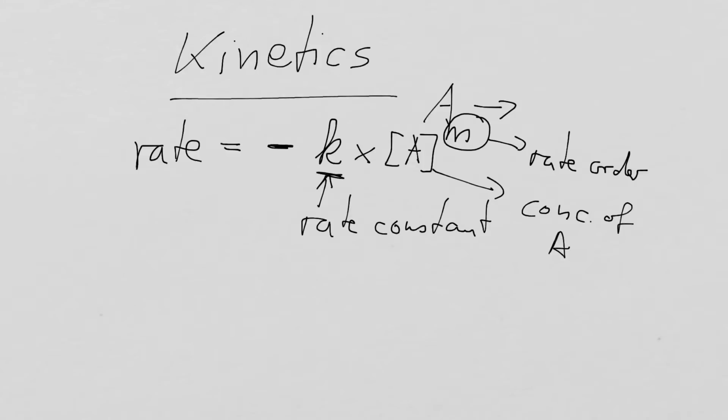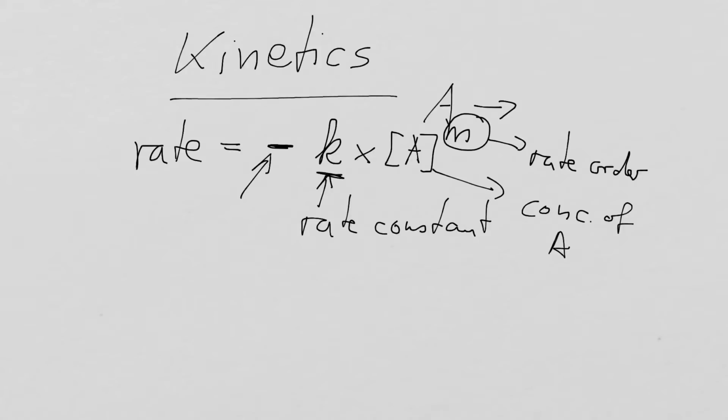Now, one thing that people usually find quite tricky to deal with, if I ask them, how do you actually find the rate order of a reaction? Now, if you know a little bit of maths, that's terribly easy to deal with. Because all you need to do is say, okay, this negative sign here is a little bit awkward.